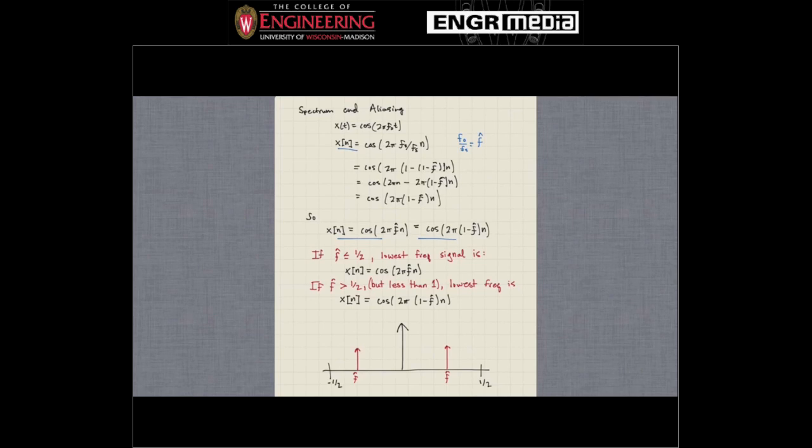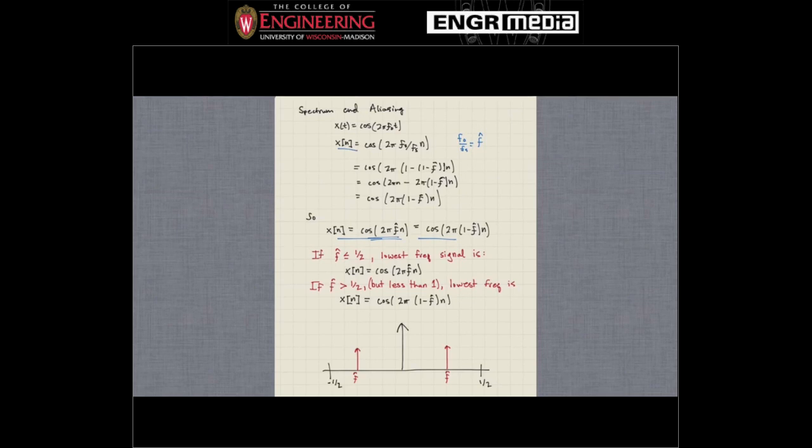You can see that if this f hat is less than 1/2, then the lowest frequency sinusoidal signal is just going to be given by this first term. If f hat is less than 1/2, then we're going to use that first sinusoidal signal. Okay?